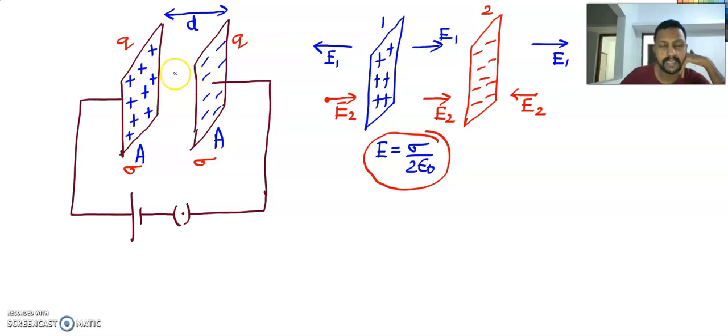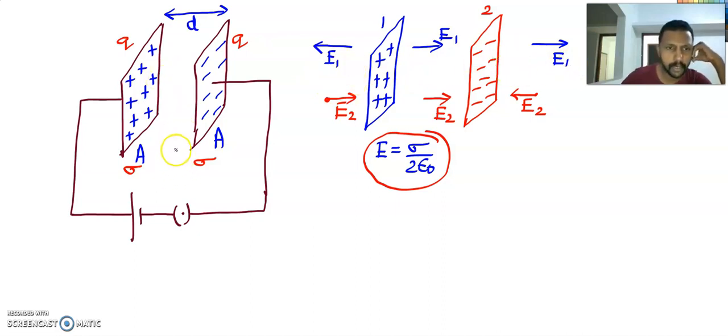Why am I saying the electric field intensity will only exist between the plates of the capacitor? It is because between the plates, the electric field intensities are in the same direction. They will get added up. At the two sides of the capacitor, the electric field intensities are in the opposite direction. They will get cancelled.